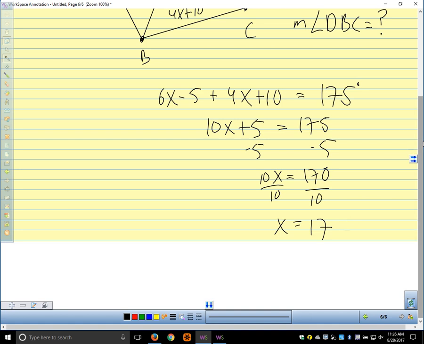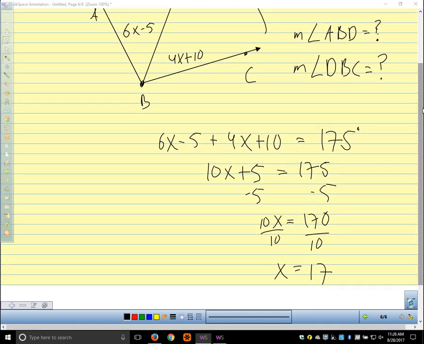Did the problem ask us to find x? No, we have to find those two angles. So what do we do? Plug x in. So the measure of angle ABD is 6x minus 5, 6 times 17 minus 5.